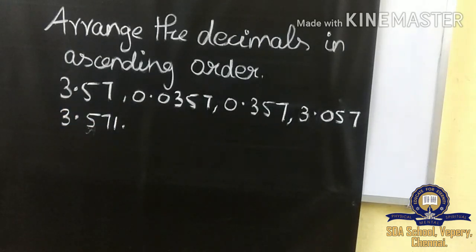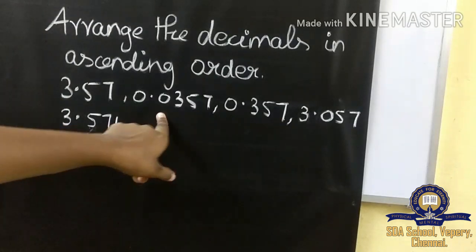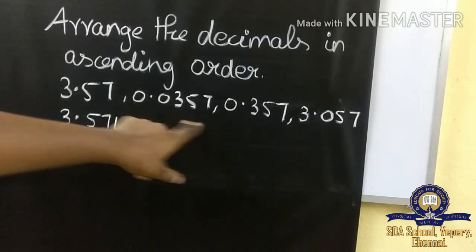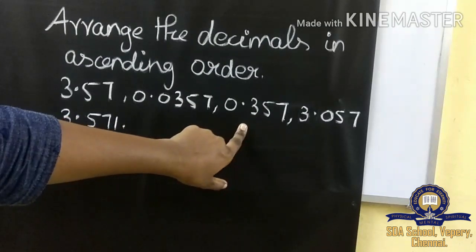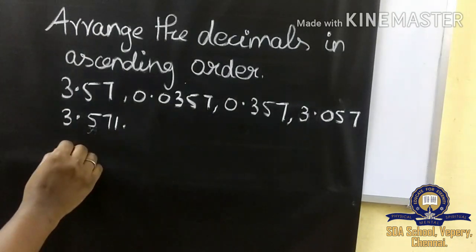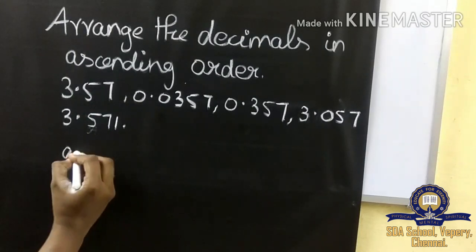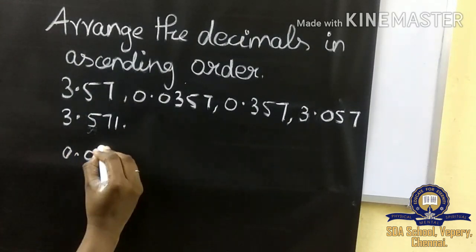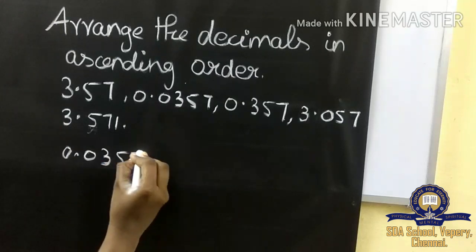The numbers are 0.0357 and 0.357, right? Here you can see that two numbers are in 0.357. So 0.0357 is the smallest one. So first we are going to write 0.0357.